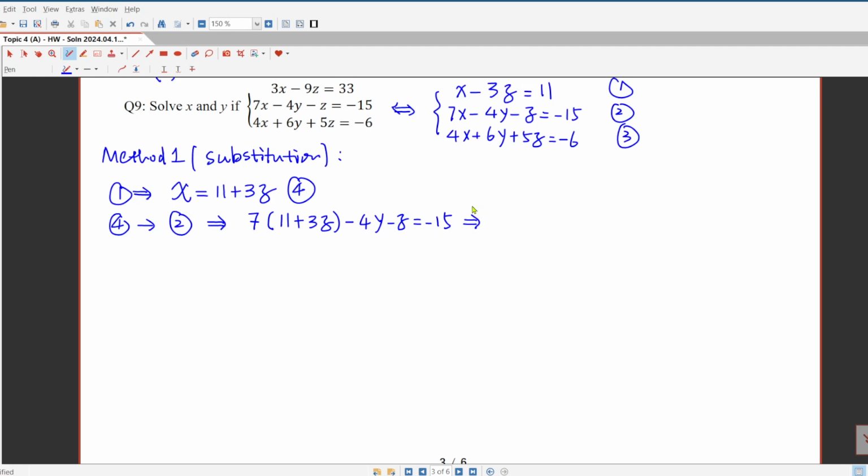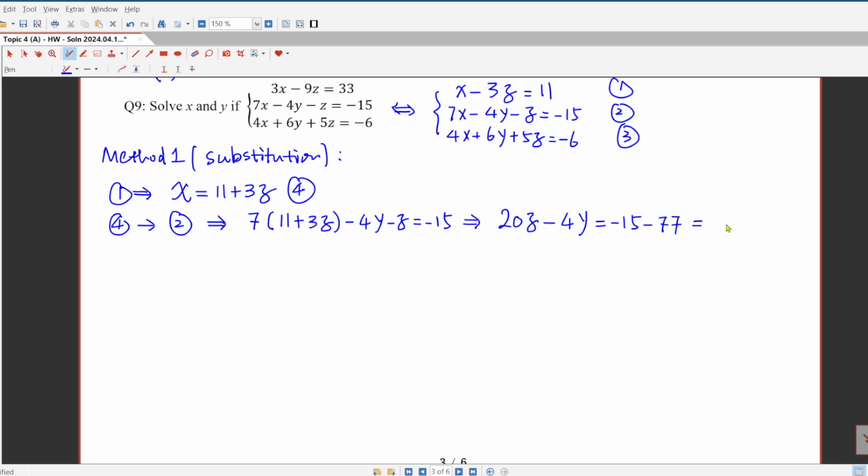And simplify this: 21z minus z is 20z, right? Then minus 4y equals negative 15 minus 77, right?